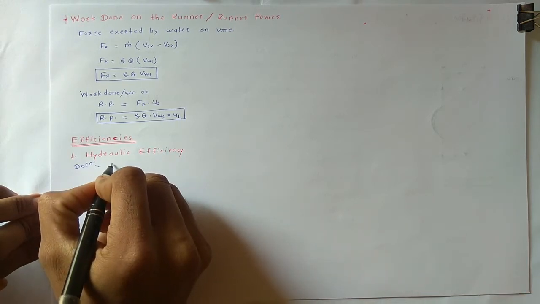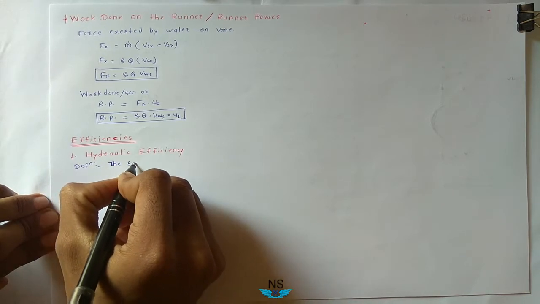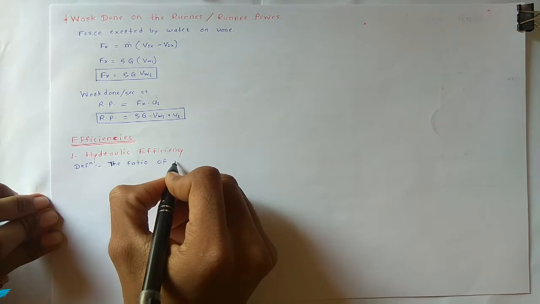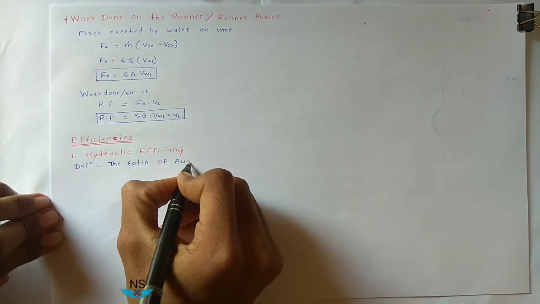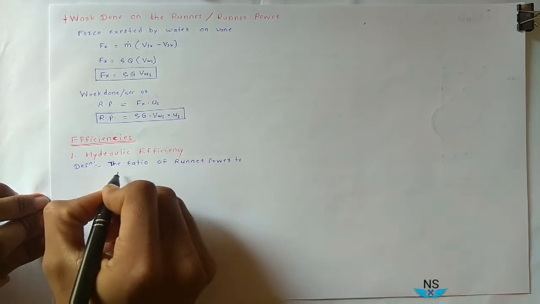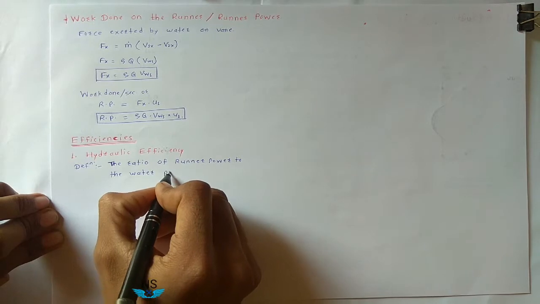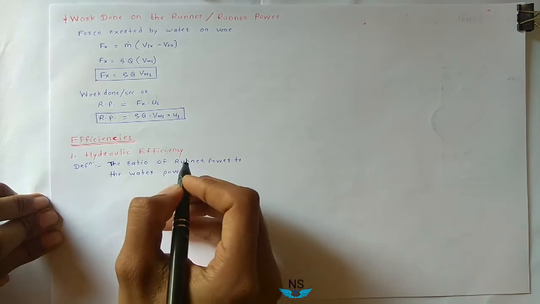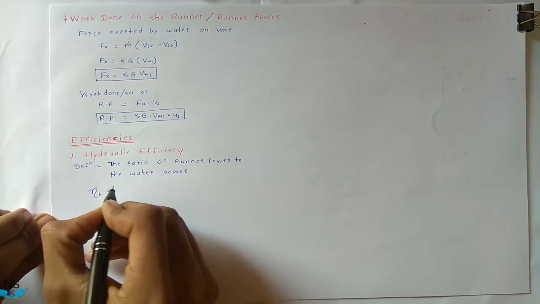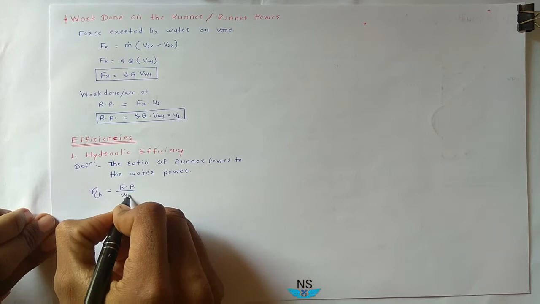Work done per second means runner power. So it is the ratio of runner power to the water power. Hydraulic efficiency is denoted by eta H, which is equal to runner power divided by water power.